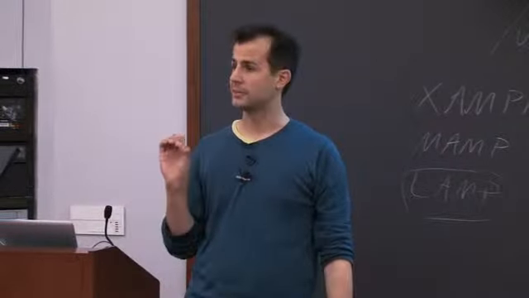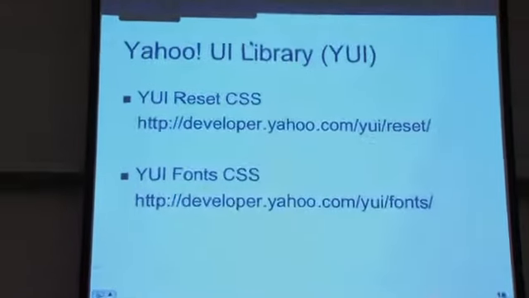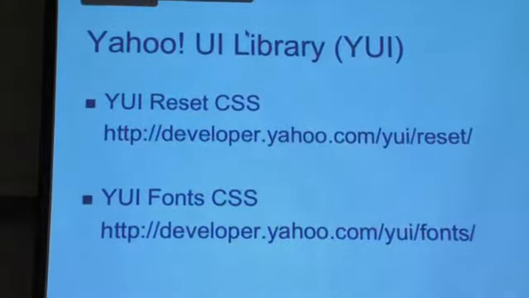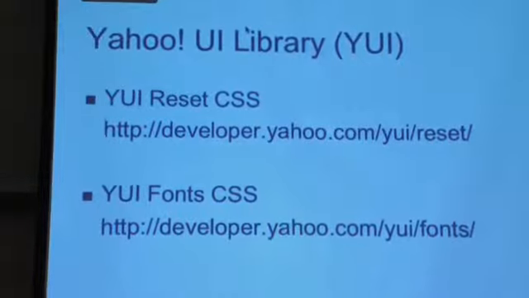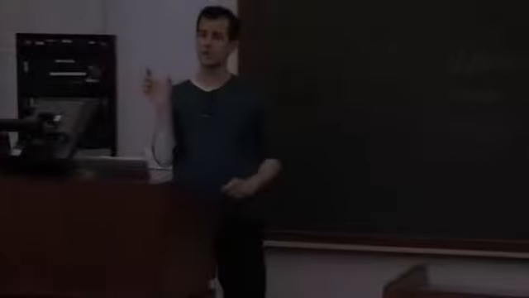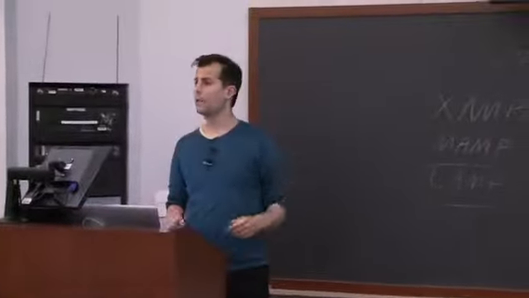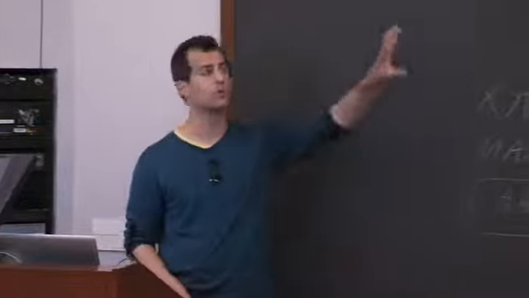Not programmatically, but aesthetically. So if you go to either of these URLs or just Google YUI fonts, YUI reset, you'll see that you just include a script tag, or a link tag for the CSS that gets you started here. And it's not necessarily a requirement for all the projects, but it's just a wonderfully useful design technique. You use it essentially as follows here.